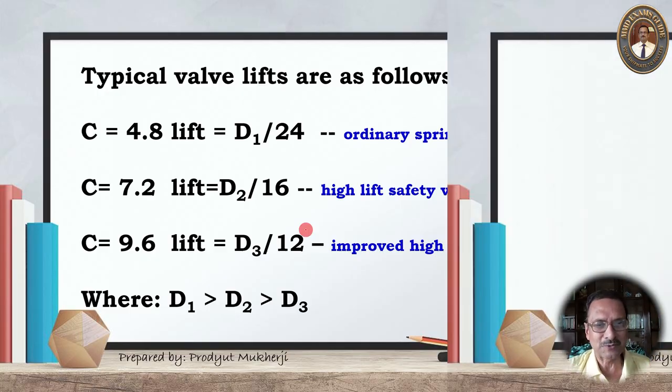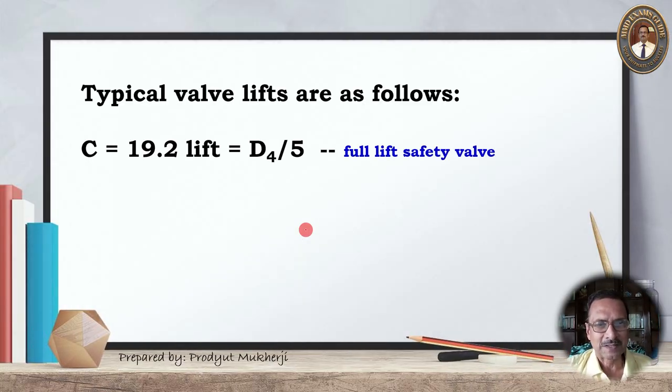Still, some more types of safety valves are left. For a full lift safety valve, we saw that C is 19.2, lift will be D4 by 5. You see how the denominator is gradually reducing, which results in an increased lift of the safety valve.